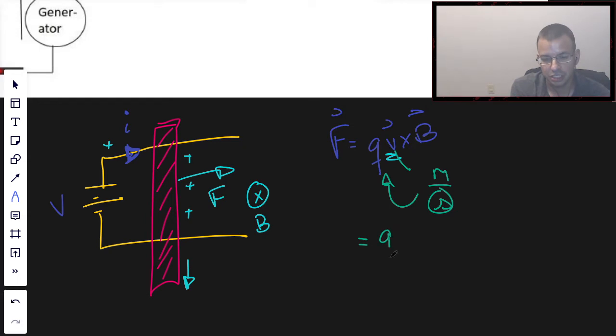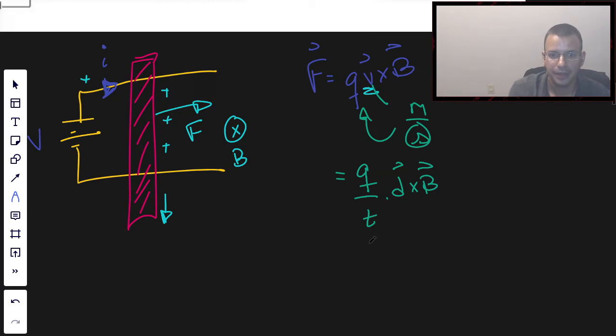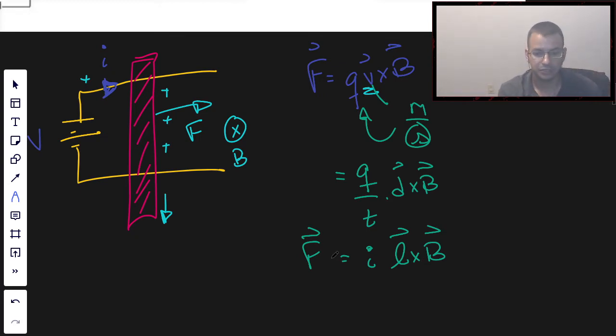So this gives us q per time times distance cross B. Well, charge per unit time, that's the exact concept of current. So we actually have the other formula, which I'm going to write as force equals IL cross B. So force is the current times the length of the wire cross the magnetic field.